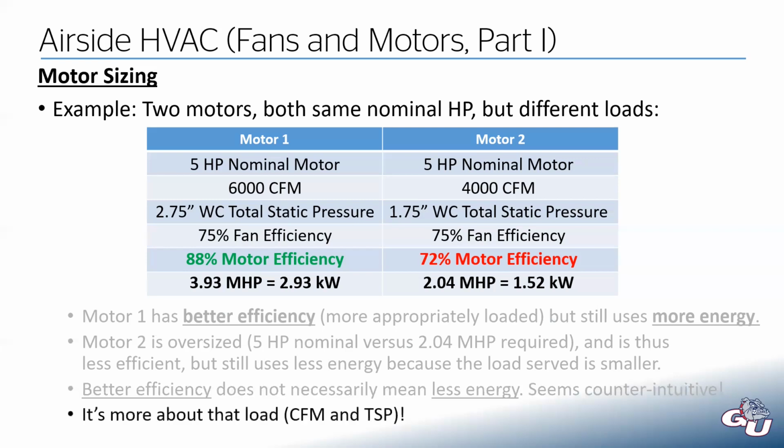It's all about the load that it's serving. This helps illustrate that just because it's a 5 horsepower motor you're looking at, you have no way of knowing how much power it is going to draw when it's running.